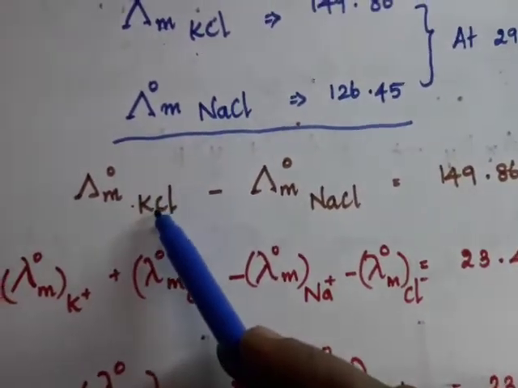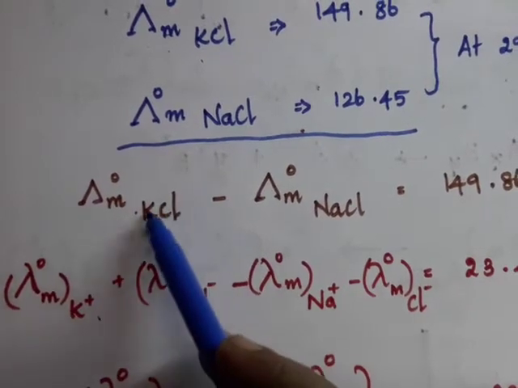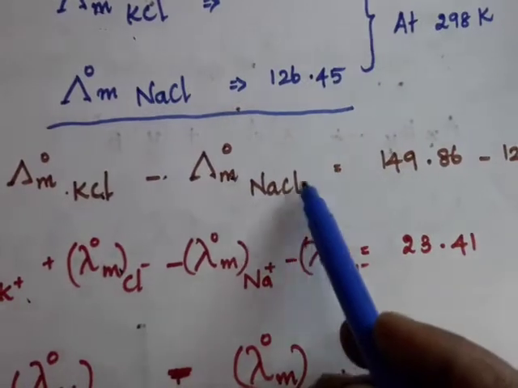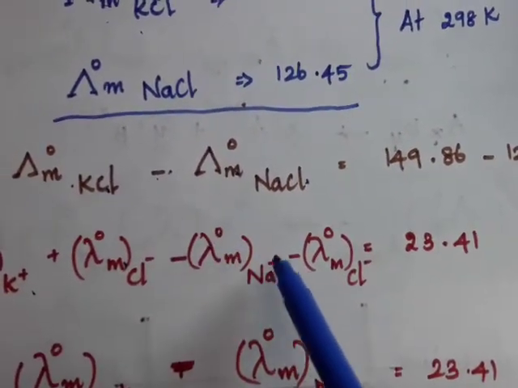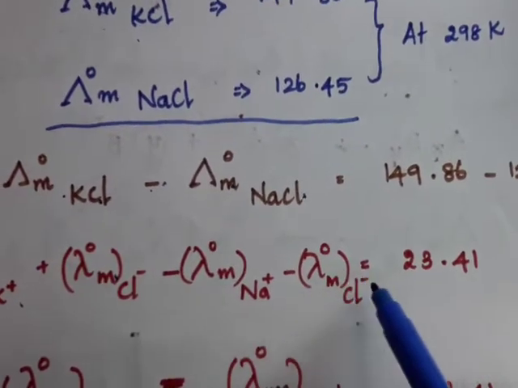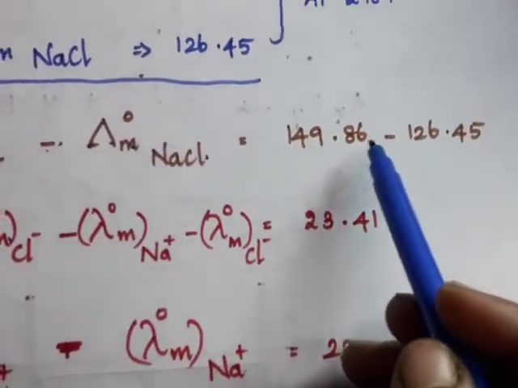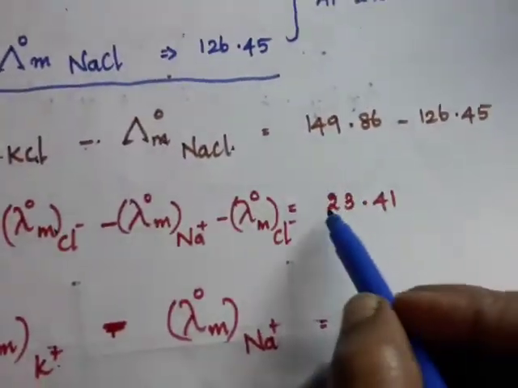So lambda m naught of KCl will be equal to lambda m naught of K plus and lambda m naught of Cl minus. Lambda m naught of NaCl will be equal to lambda m naught of Na plus plus lambda m naught of Cl minus, which gives 149.86 minus 126.45.